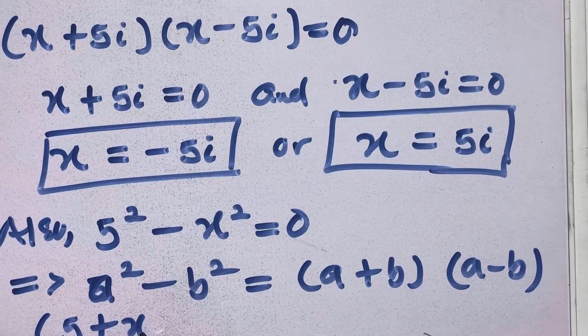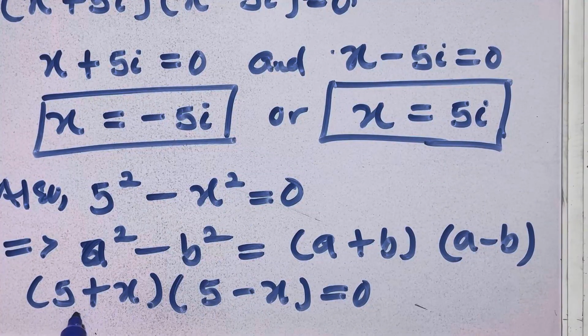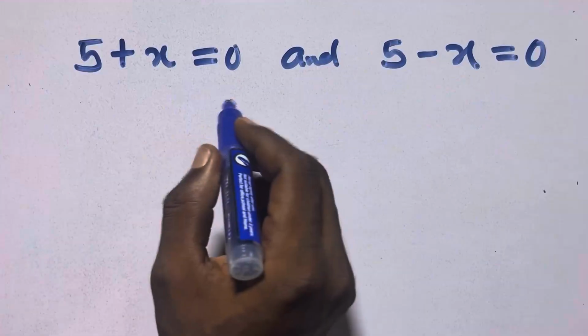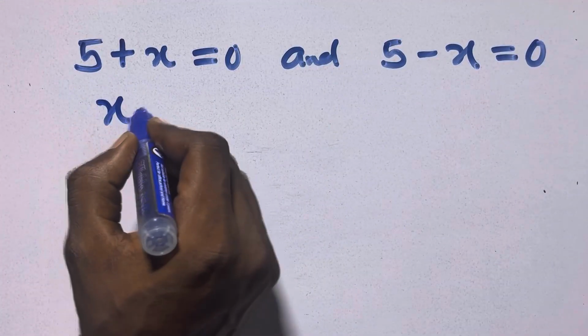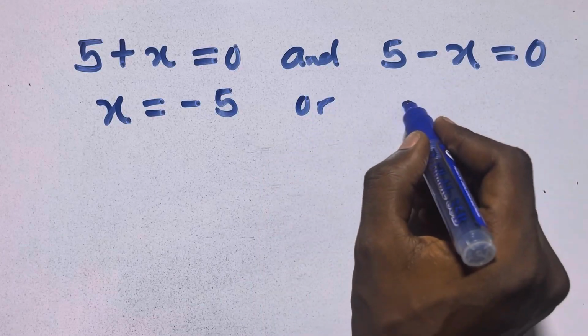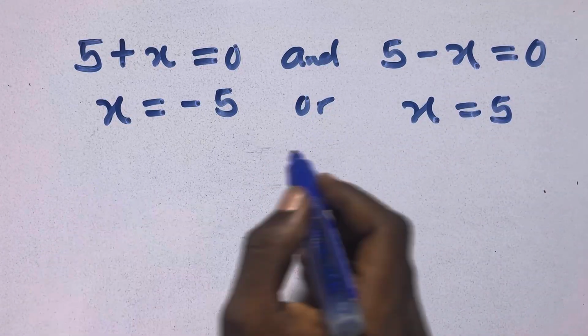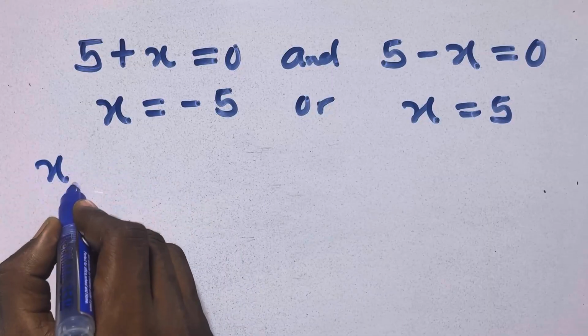Applying this here, we are going to have 5 plus x and 5 minus x equals 0. So applying the same thing we did to the first expression, equate this to 0 and equate this to 0. For this now, what we have is x equals minus 5, or then here we have x equals 5.